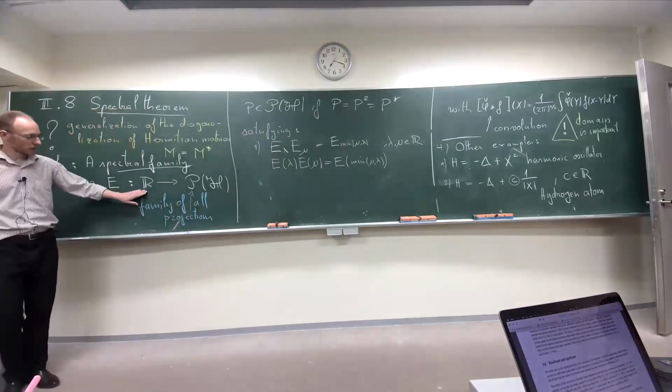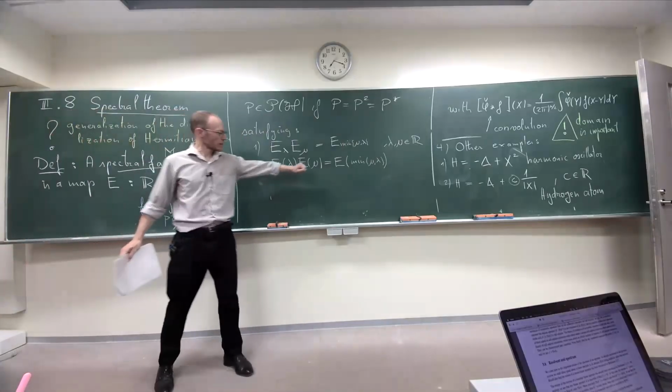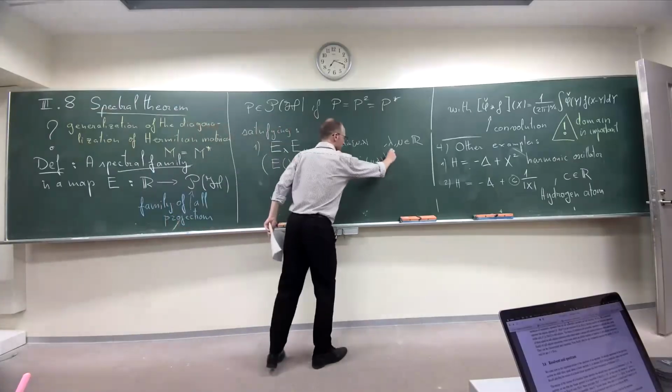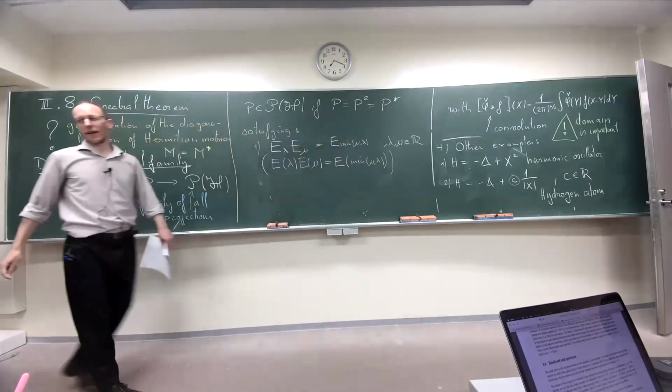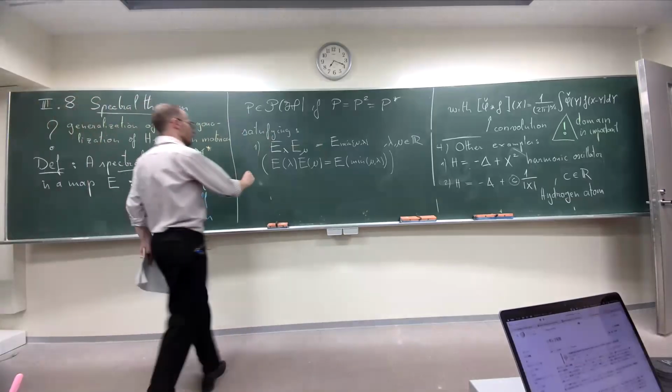E is a function taking value in the set of projections. So it means this is a projection, this is a projection. But as I said, we don't use this notation, we use the previous line. But it's the same. So this is the first property. Whenever you have a product of two, it's the same as a projection on the minimum value.